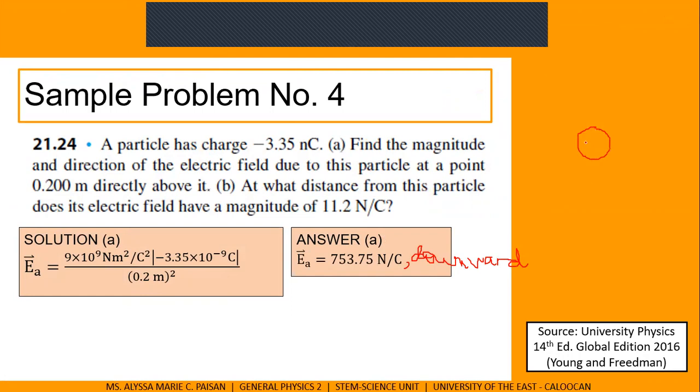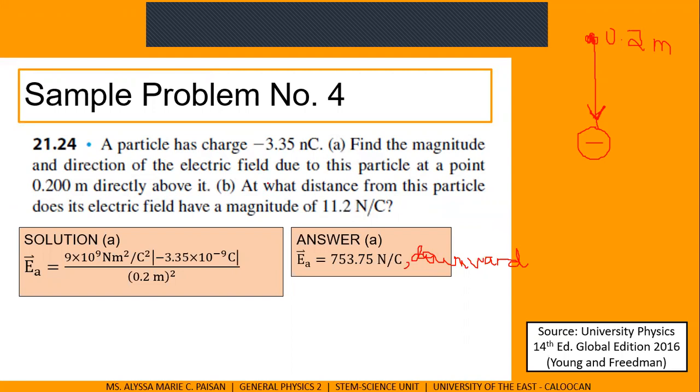So kung ito yung negative point charge mo, tapos nandito daw yung point, 0.2 meters, the electric field would be going towards. Okay? Towards. So pababa, relative dun sa point na ating tinutukoy. Okay? Ayan. So, downward siya kapag negative.